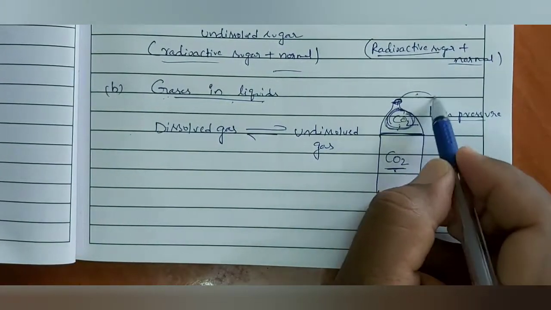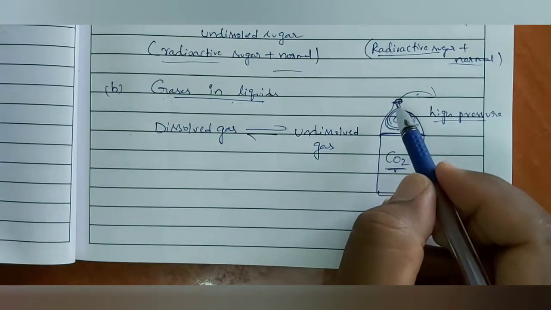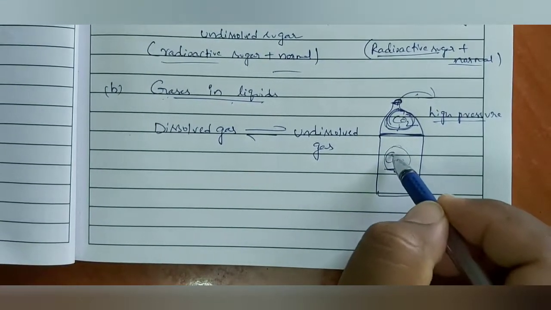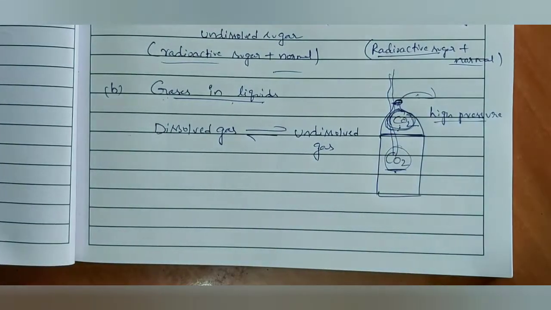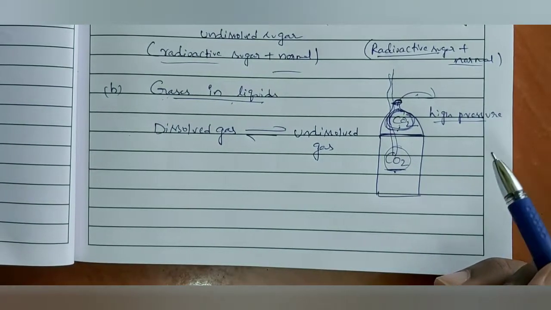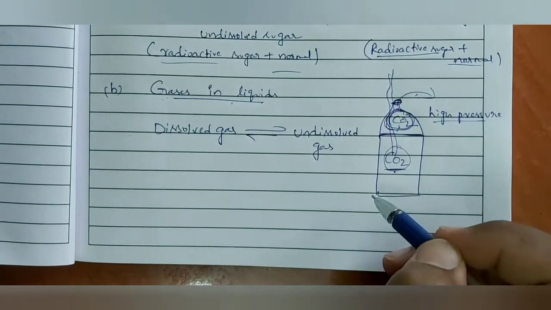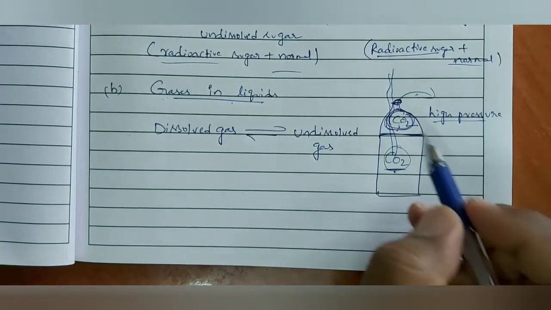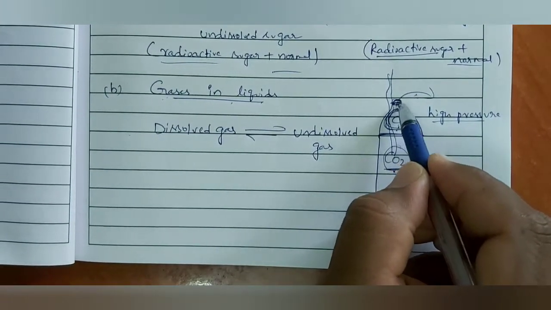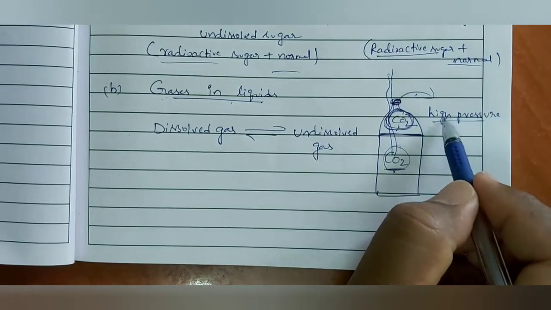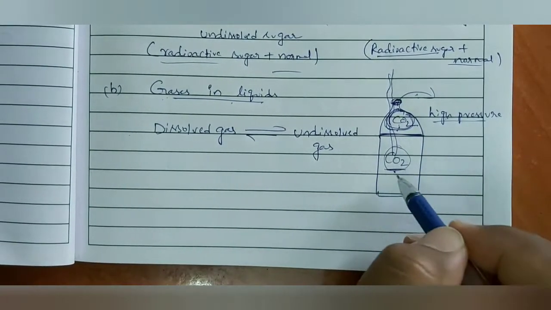At once if you open the mouth of this soft drink bottle, this carbon dioxide gas which is soluble will come out. That's why immediately we get the sound, and we see brisk effervescence in the liquid, bubbles we will observe. Is it correct? Because in the manufacturing industry they manufacture these bottles at high pressure. At high pressure, carbon dioxide solubility is more.